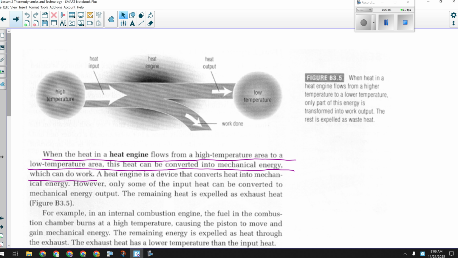You have some sort of a turbine or something here that matter is going to flow through as it moves along with the energy from hot to cold. Because heat has to do this. There's nothing that can stop it. So all you try and do is put something in between the hot and the cold to harness some of that flow and get mechanical energy output from it, or work.